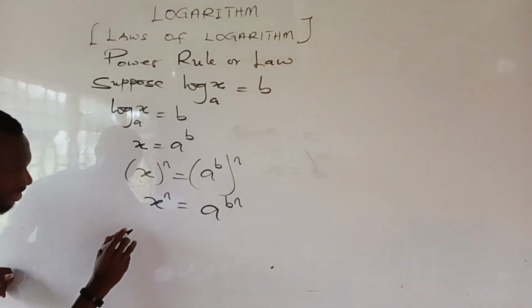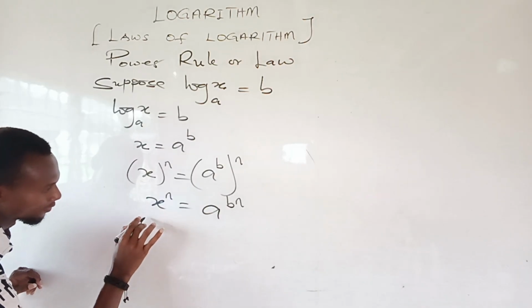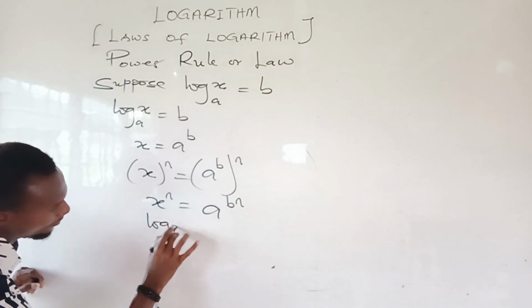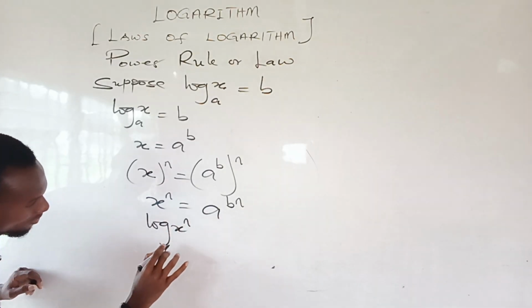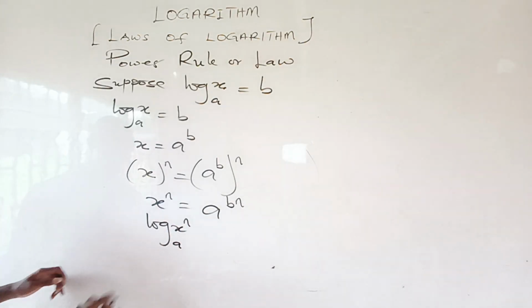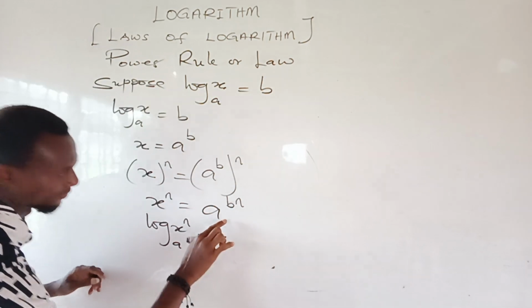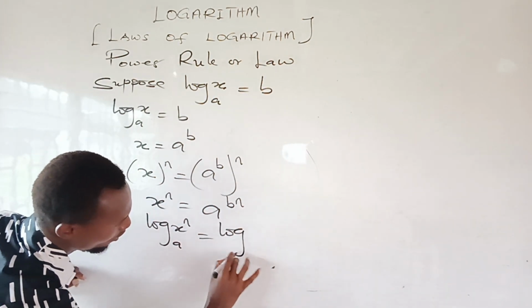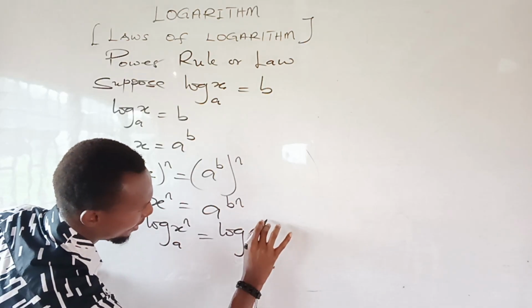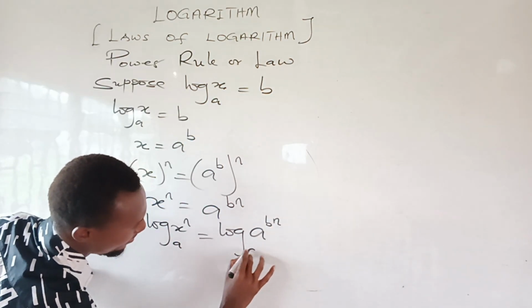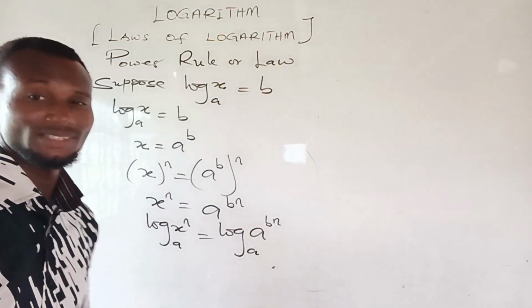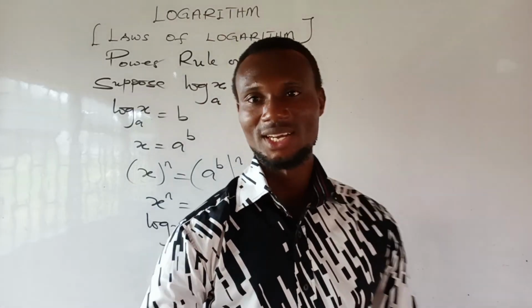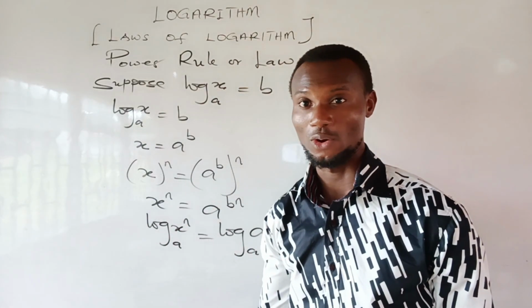So I'm going to have log of s to the power n to the base a. Bring your equal sign, and we are going to take log of this side also. I'm going to have the log of a to the power bn to the base a, as simple as that. That's how to introduce the log.